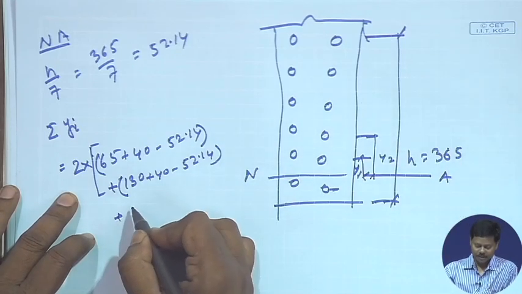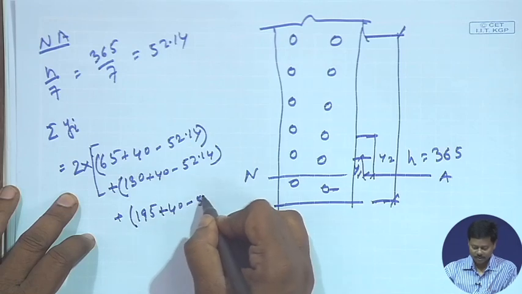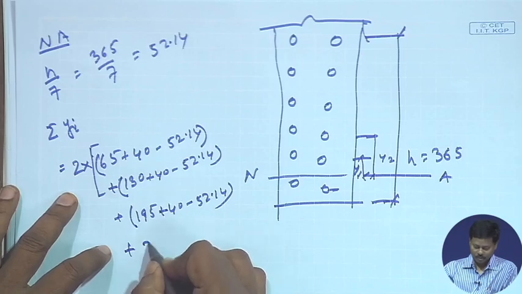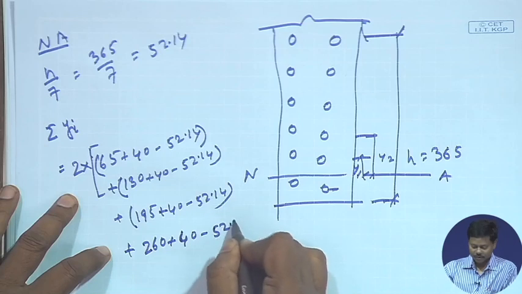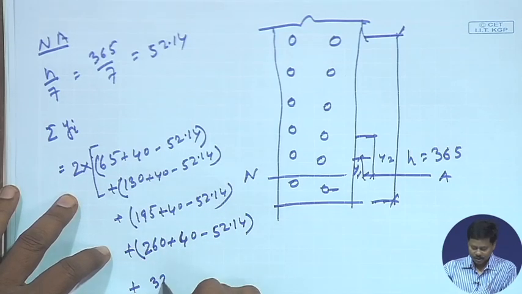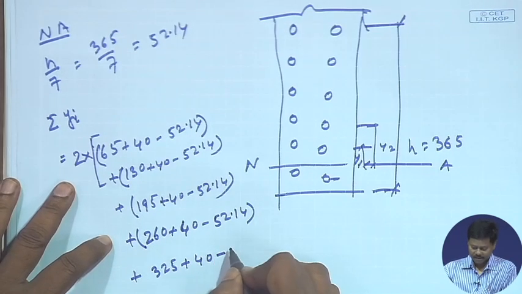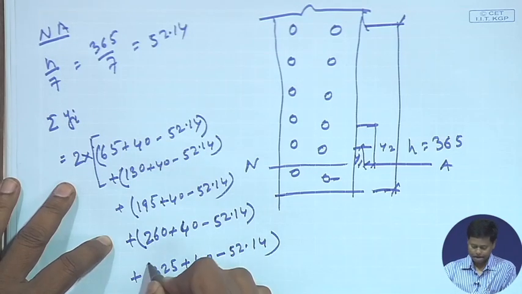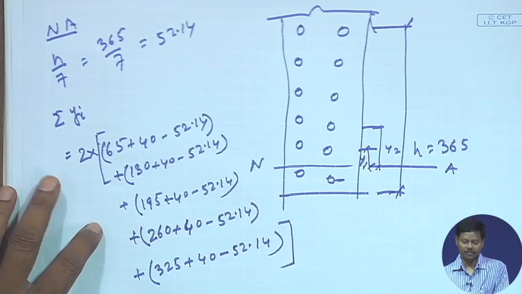Y3 will be similarly 195 plus 40 minus 52.14, then the fourth one will be 260 plus 40 minus 52.14, then the fifth one will be 325 plus 40 minus 52.14, right. So this is what the summation of yi will be.